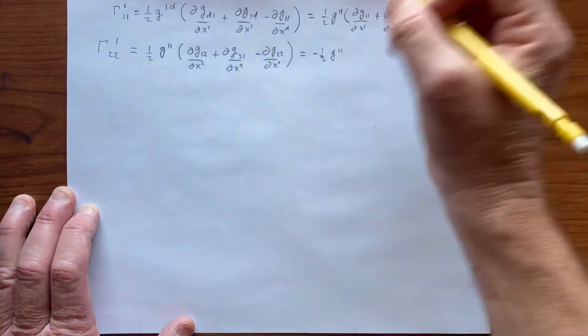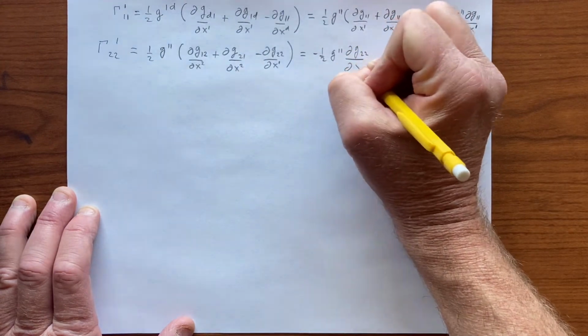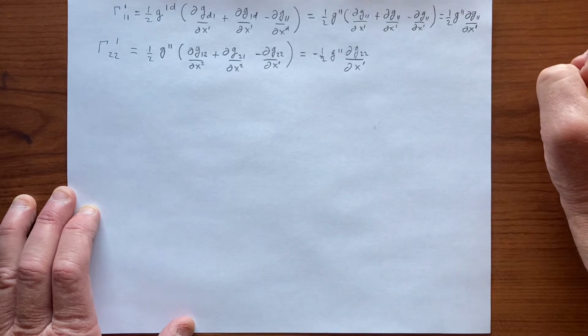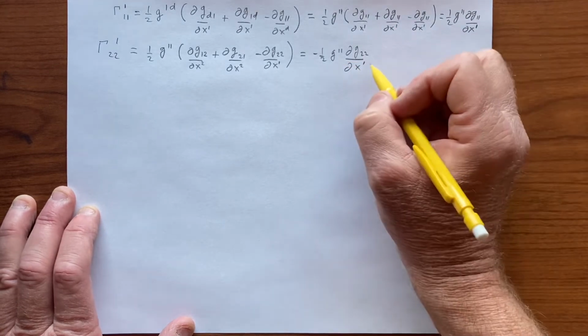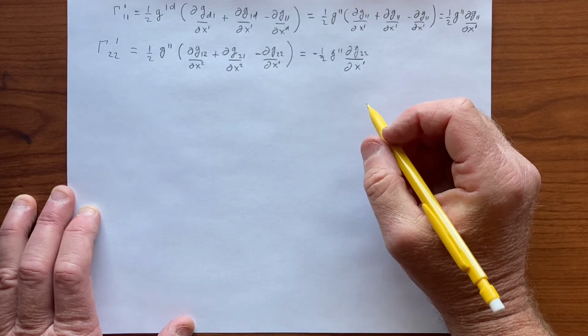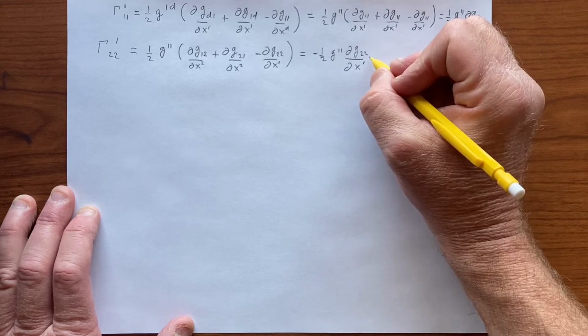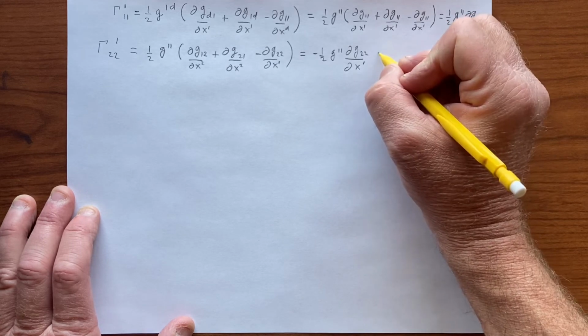Well, g_{12} doesn't exist, so we have dg_{22}/dx1, the derivative with respect to r. We'll evaluate that, but it survives. So we can evaluate it right now.